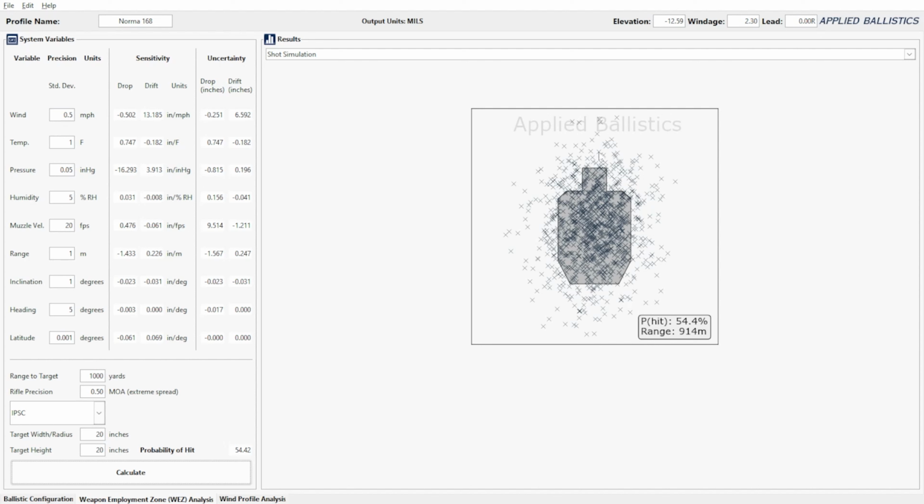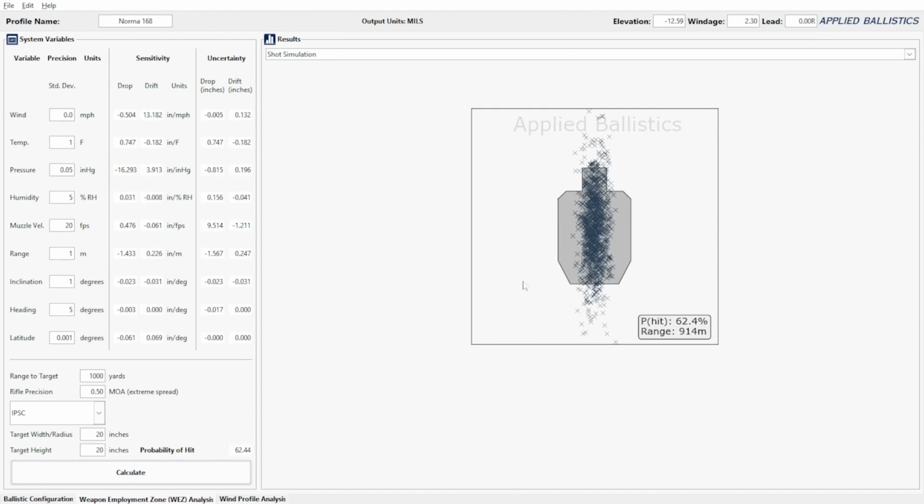That's because of that muzzle velocity variation. If we tidied up the wind and said, okay, we're perfect at predicting wind, you can see that the muzzle velocity variation is causing that vertical stringing up and down target, and that's why you're missing.